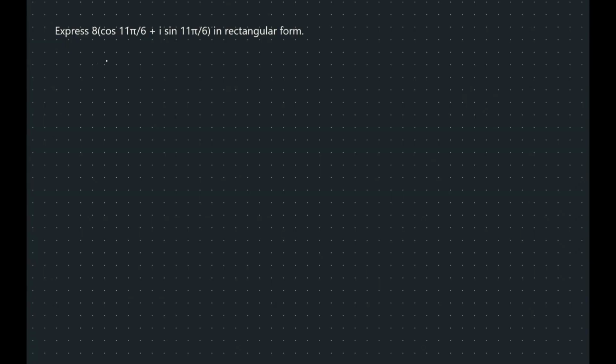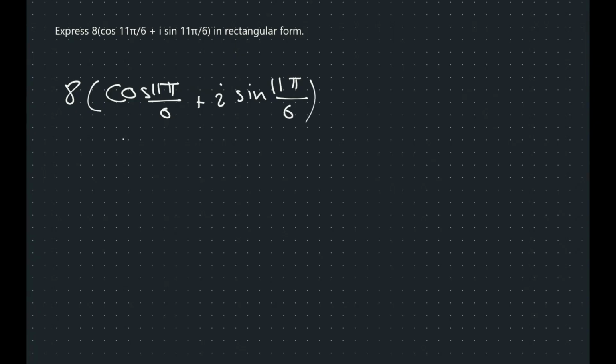Now for this question, to express this in rectangular form, we just have to simplify the cosine and sine. So let's do it. We will have 8 cosine 11 pi over 6 plus i sine 11 pi over 6. And what is cosine 11 pi over 6? Let me use my calculator here, and I will make sure that it is in radian mode.